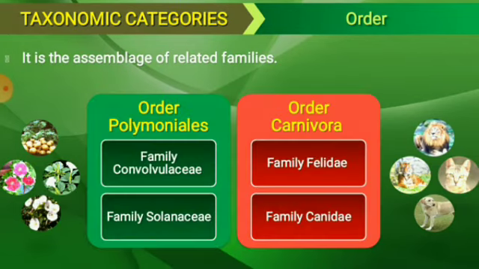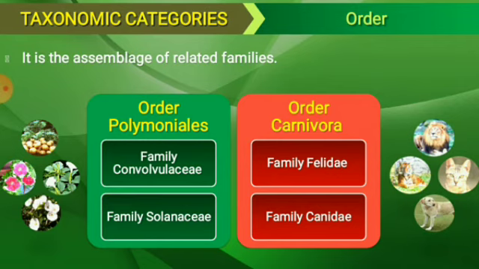Some examples are, in case of animals, the order Carnivora includes the carnivorous animals which belong to the family Felidae, as well as the organisms which belong to the family Canidae.